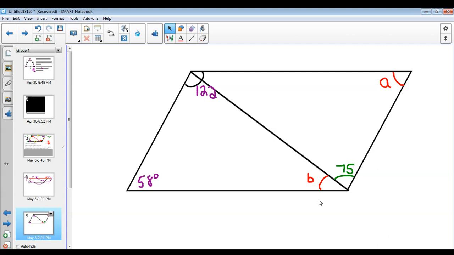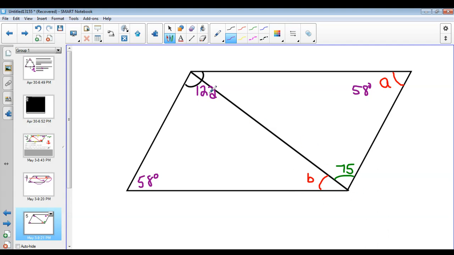Well, I can figure out angle A right away, right? Because it's an opposite angle. It's directly across from the 58. It's the acute angle. So the acute angles have the same measurement, 58 and 58. So I'm going to go ahead and fill that in. Now to find angle B, there are two strategies that you could use, and I'm going to model both of them here for you, and then when you go to do your own independent work, you can decide which one you like better.